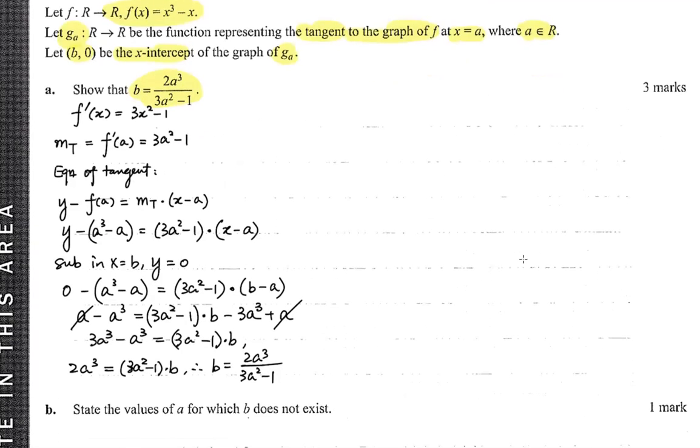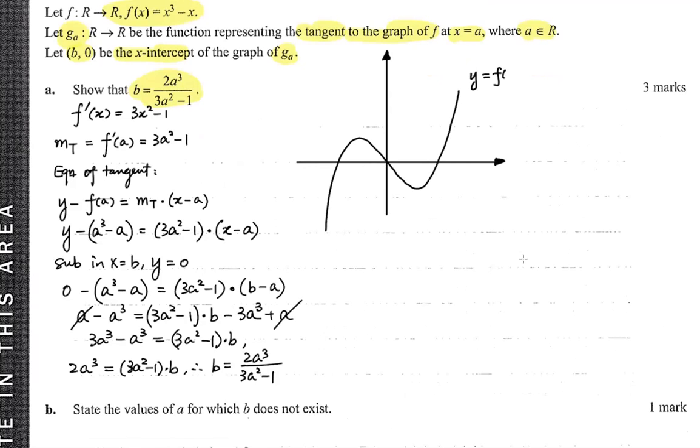Alternatively, you could say, all right, instead of relying on pure brute force algebra, we can visualize the problem by drawing an appropriate diagram. It is not very hard for us to see the graph of f looks like that. So, for example, this point is a comma f of a.